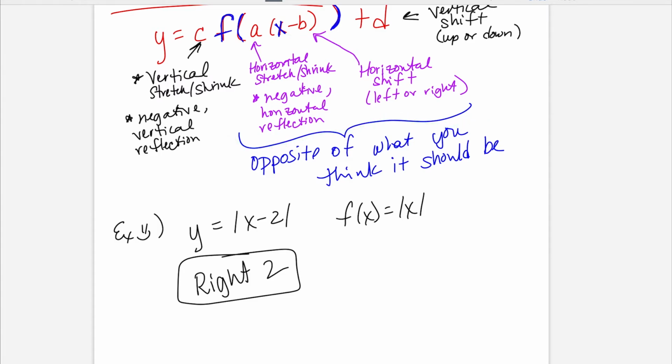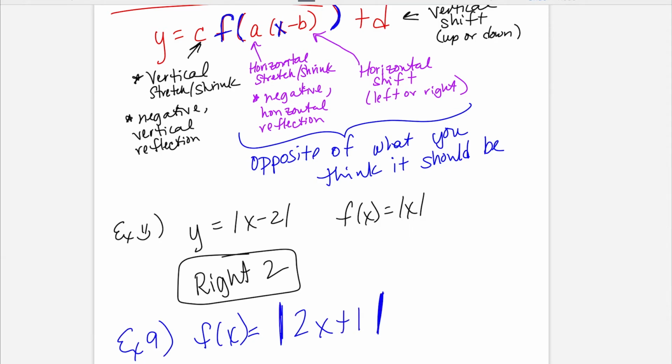Okay, let's do this other one here. Here's example 9. I have f of x is equal to the absolute value of 2x plus 1. Now here's the kicker on these problems. When you have that coefficient, notice your formula.